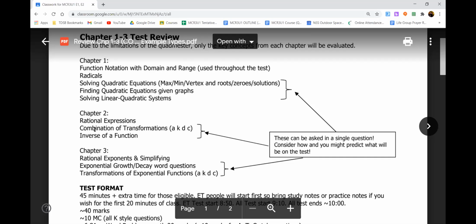Can someone here offer the class a suggestion or an idea of how I could ask all of chapter 2 in a single question? How might I think of a question that covers transformations and inverse at the same time?